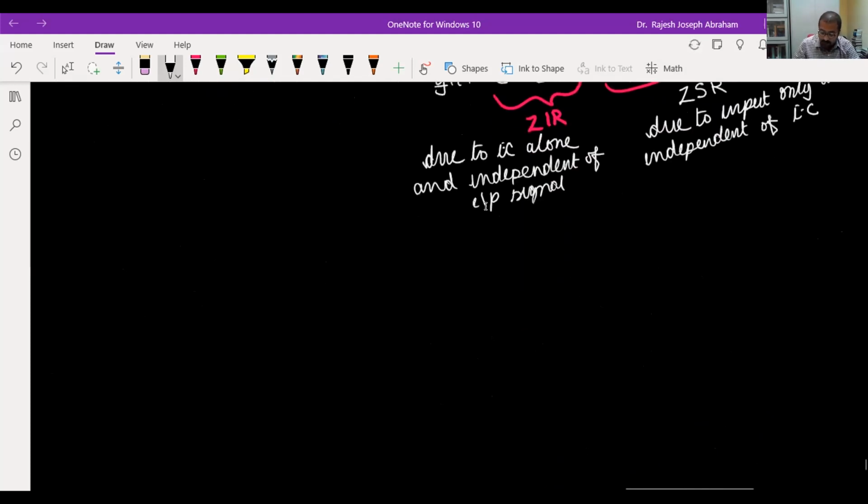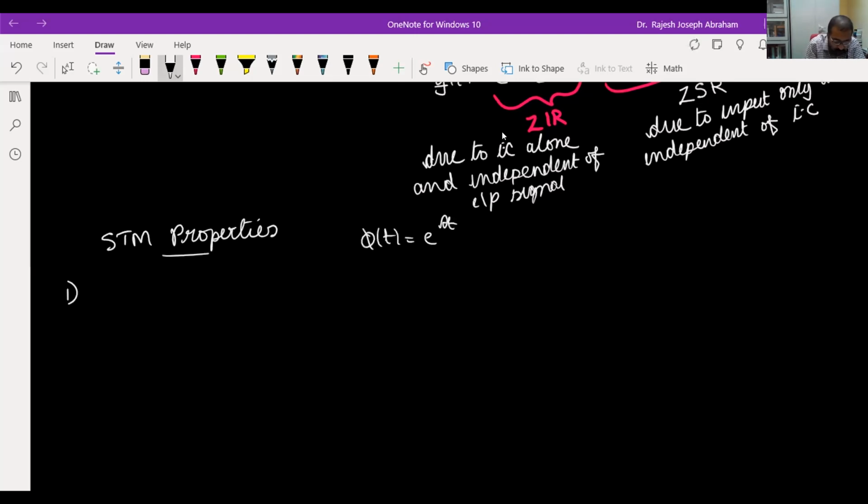Now we will look into the state transition matrix properties. What is phi of t? The state transition matrix is nothing but e raised to at. The first one is phi of 0. What will that be?